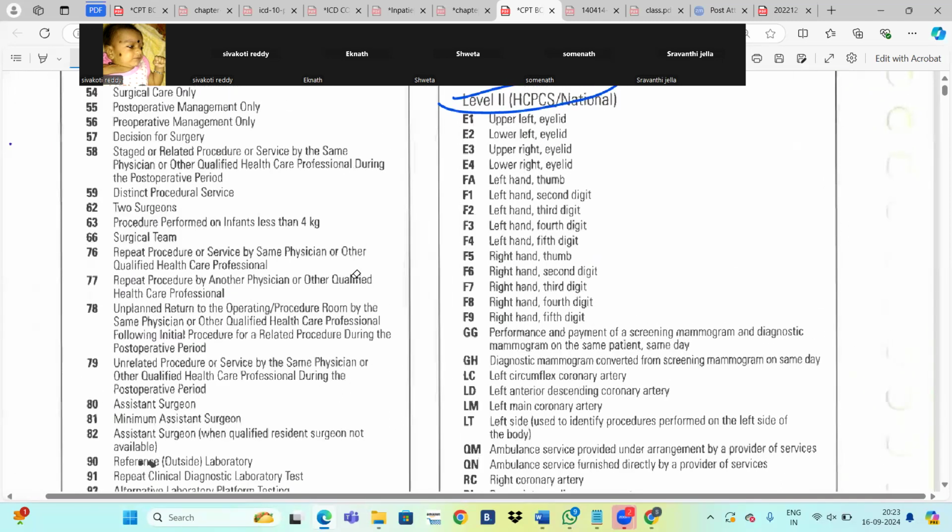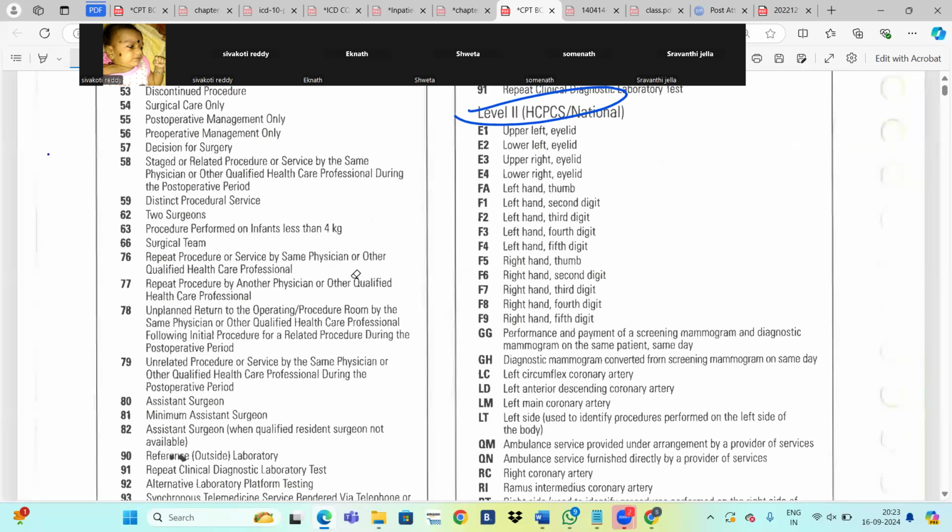Eyelid modifiers. Upper left eyelid, lower left eyelid, upper right eyelid, lower right eyelid. E1 to E4. If any procedure they performed on eyelid, based on the eyelid, you need to add this modifier for the procedure.